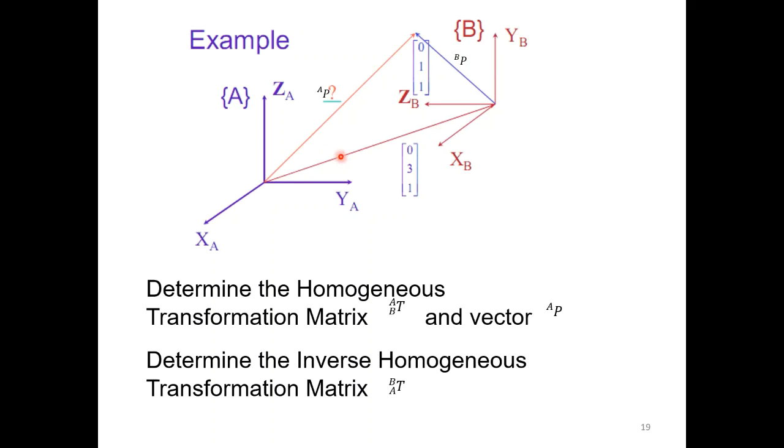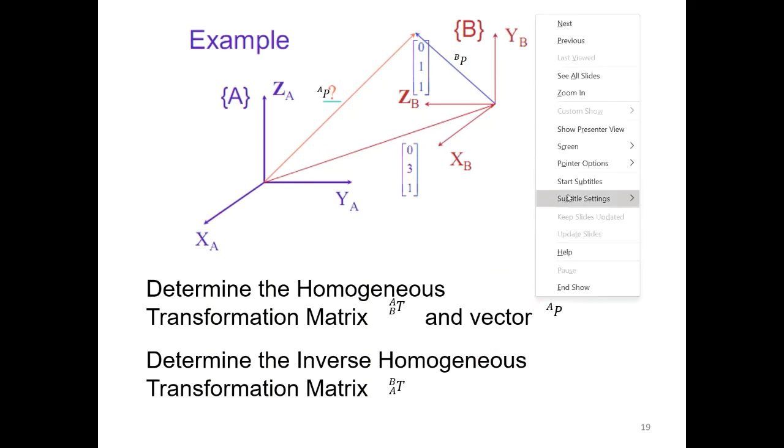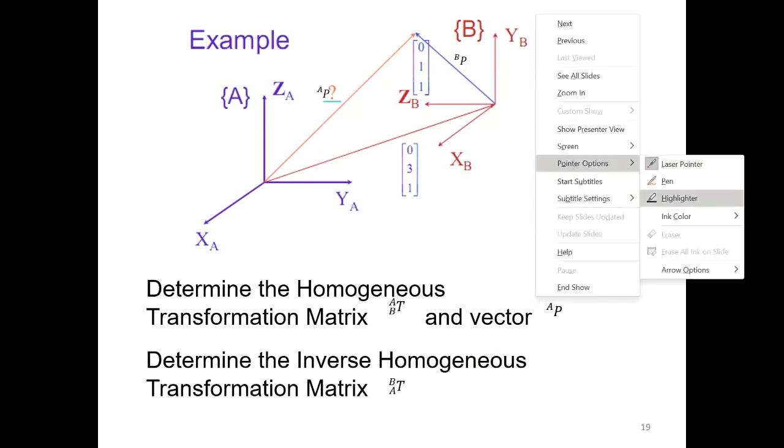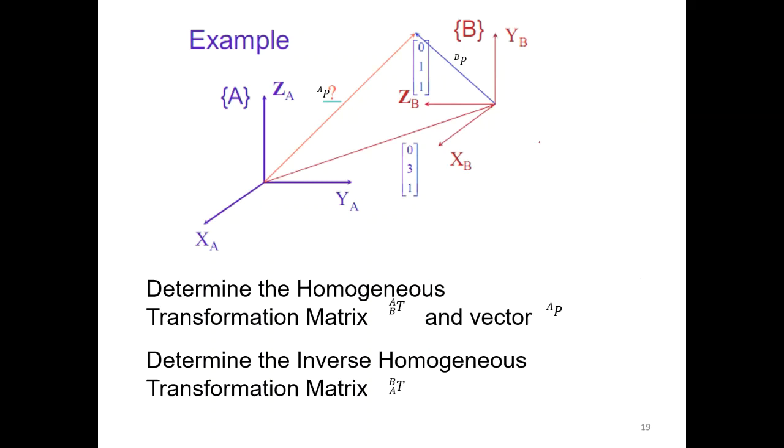The homogeneous transformation matrix is a 4x4 matrix. You know that, right? And this is the rotation part, the rotation of B with respect to A. You have to get that one.